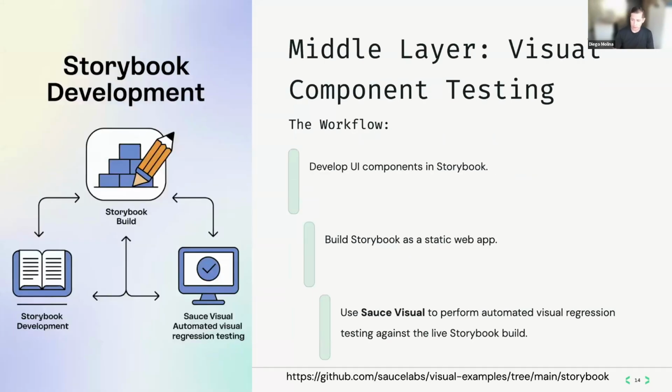The middle layer about visual testing comes to this point because before, we were only able to test a web application once it was completely built and deployed, right? That is not true anymore. For example, if you use React, React uses Storybook intensively, and Storybook is just a way to develop and test the UI components of a web application.